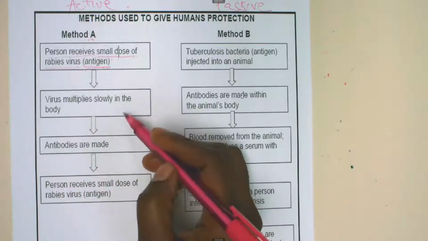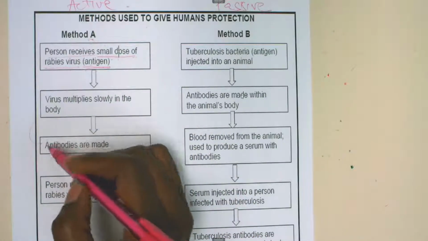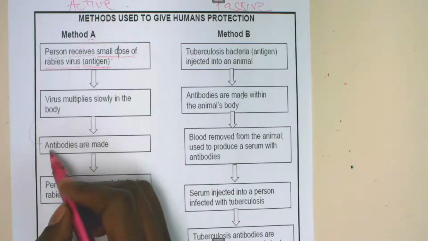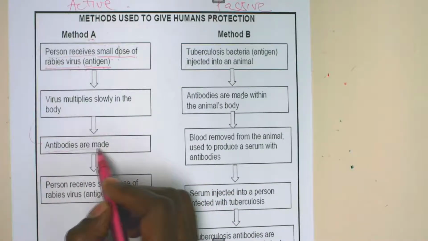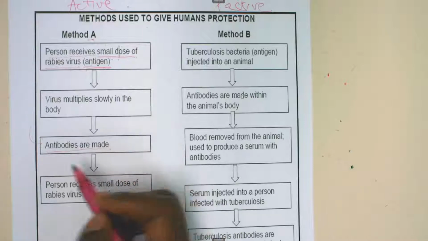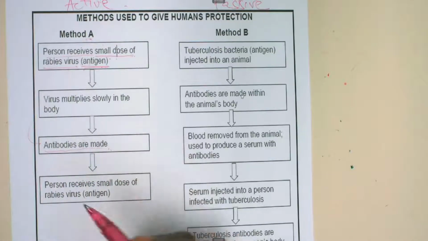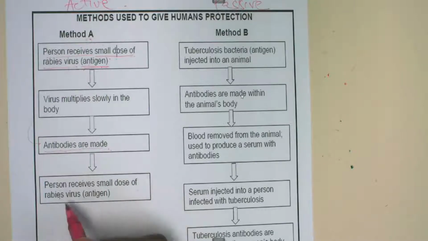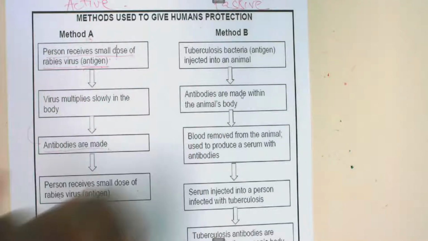And then it will be harmless. So the antibodies will be produced. That is why you see antibodies are made. After that, the person will receive a small dose of rabies virus antigen again. So that is active immunity.